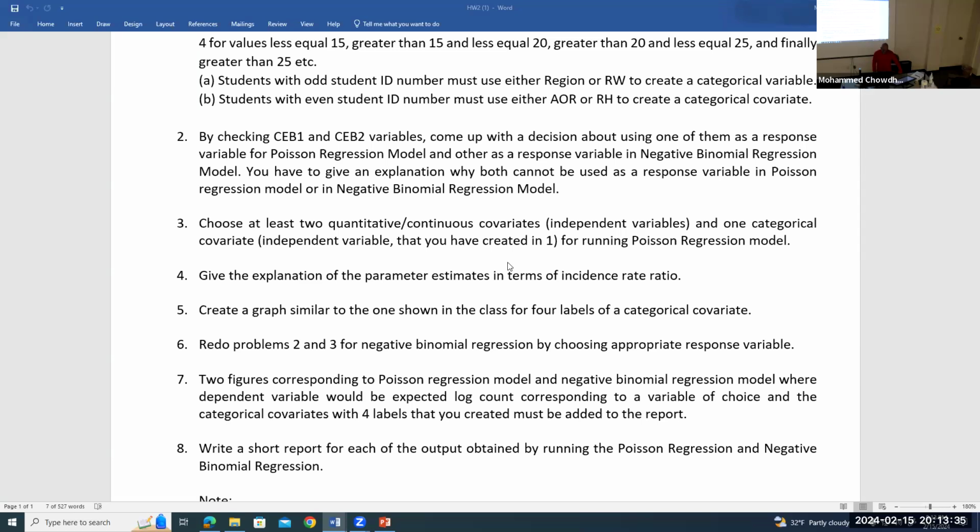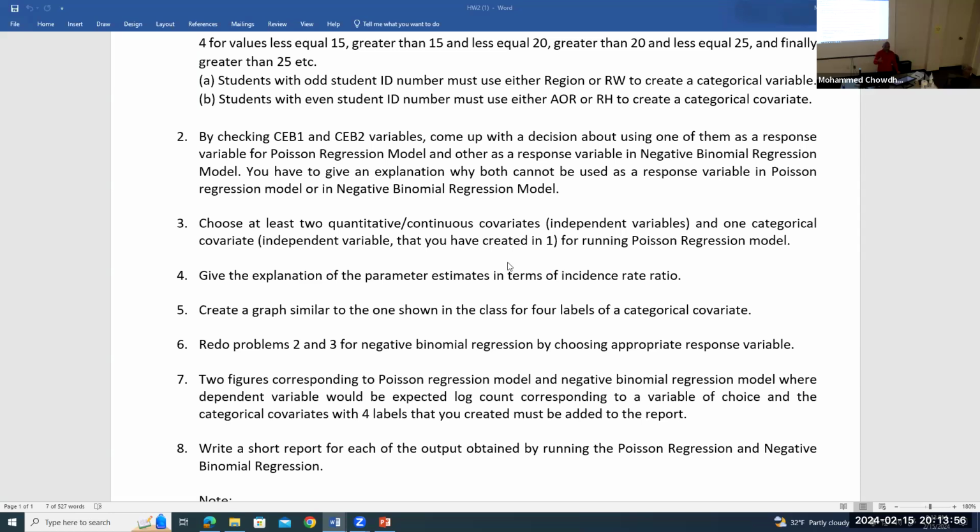Then Shafali can use AOR and RH as her continuous covariates. Understand? At least two, because respondent weight, age of the respondent, and respondent height, these three are continuous covariates.